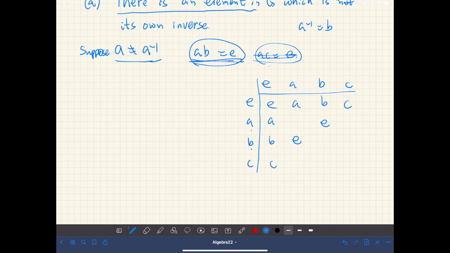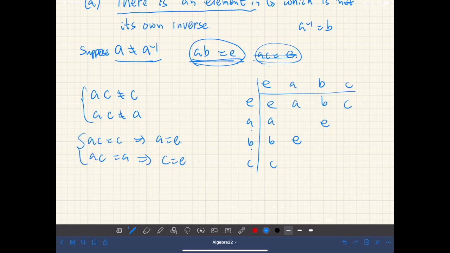And at this point, we can say that AC is not equal to C, and AC is not equal to A, because otherwise, the first one, AC equal to A, implies C equal to E, and AC equal to C implies A equal to E, but these are contradictions. Of course, AC is not equal to E because A's inverse is B, right?